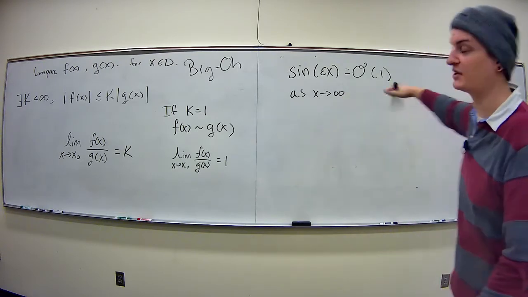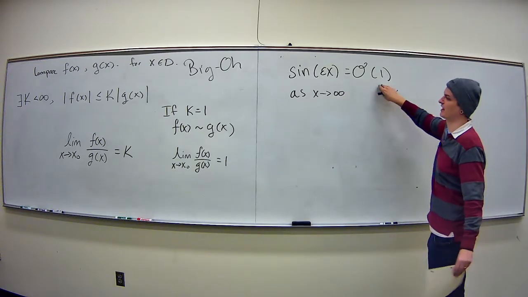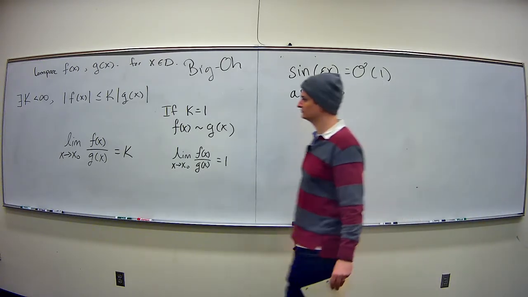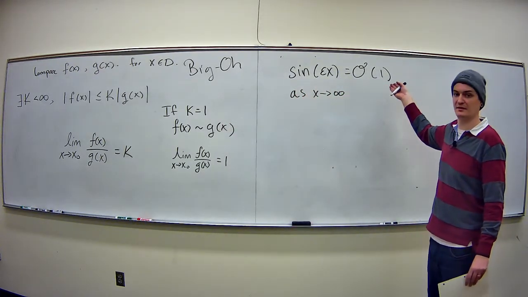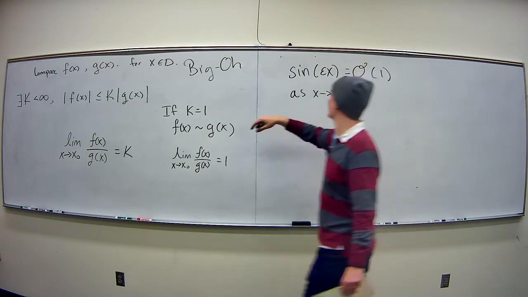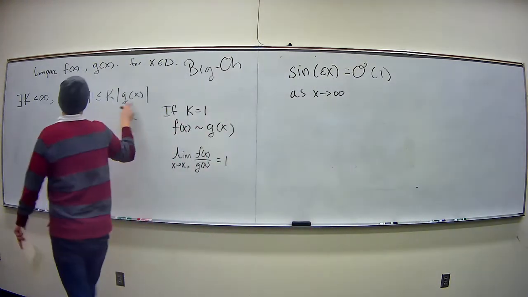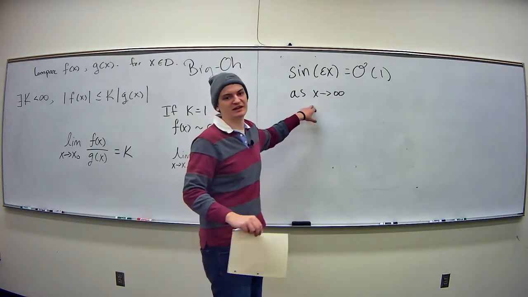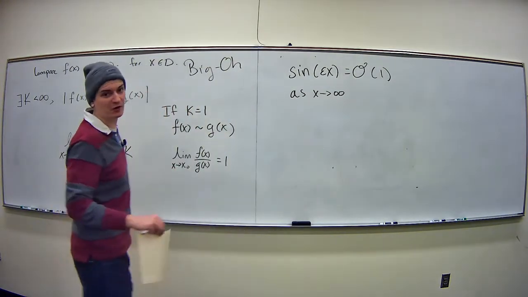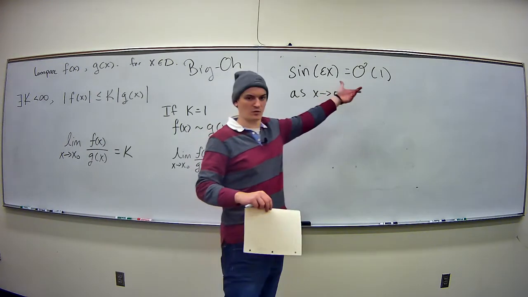You can show that this is capital O as well. And this capital O is important, because you're saying it's equal to the function k, and you could just make k 2. It doesn't matter as x goes to infinity. This definition still holds anywhere around there. So it's still order 1.